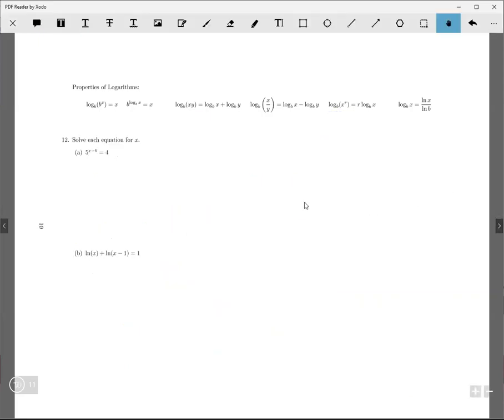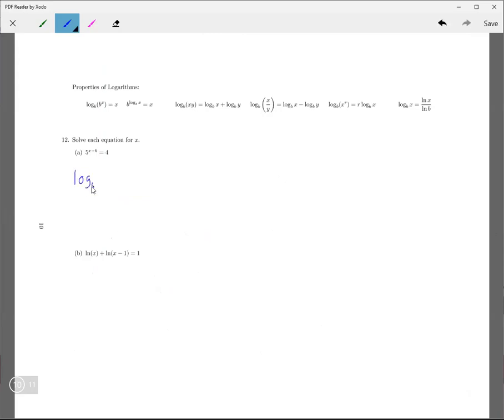Okay, let's go on to number 12. And here we're solving some equations. So first of all, that one. Okay, so now if it's an exponential equation, then what you want to do is take logarithms. So I'm going to take the log base 5 of both sides of the equation, like that.